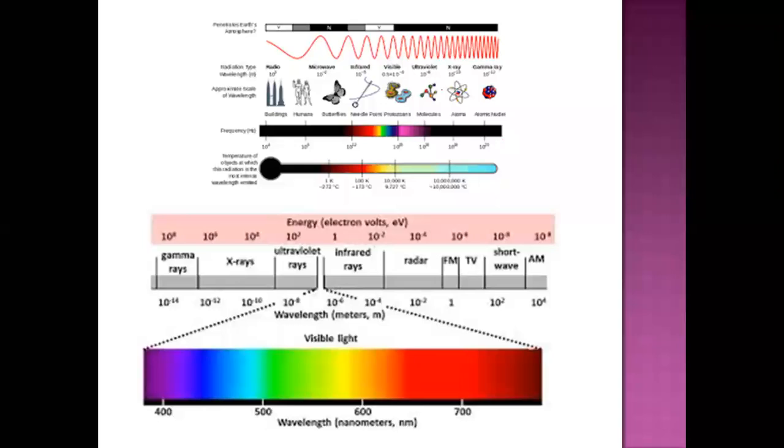On the basis of different energy levels or ranges, light is classified in various categories.